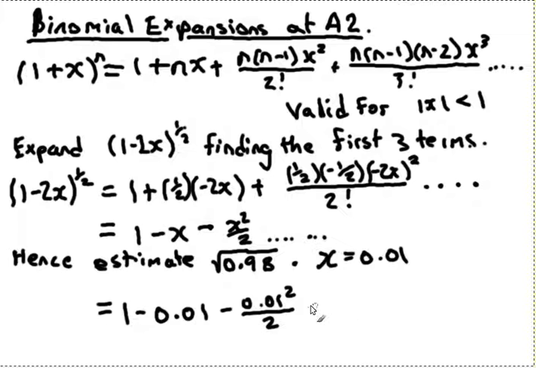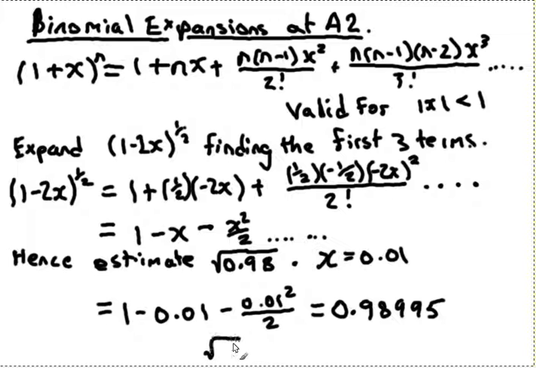And then I can find the value of that. The whole point of this, by the way, was often used in the good old days when there were no calculators, when you could easily establish what this equaled and therefore find a pretty good estimate for the square root of 0.98. And that equals 0.98995. Now, because x was very, very close to 0, that is actually an extraordinarily close approximation.